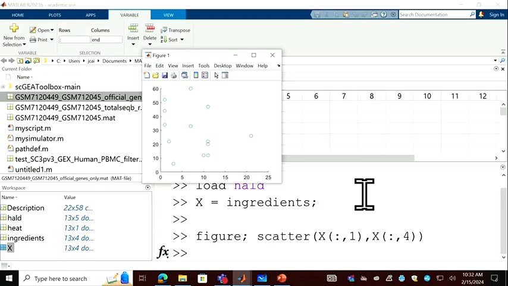In practice, the feature selection is arbitrary. In this case, we select column 1 and 4 just as an example, right? We should use PCA. So this is maybe not the best way, because you totally ignore the other two dimensions of information.